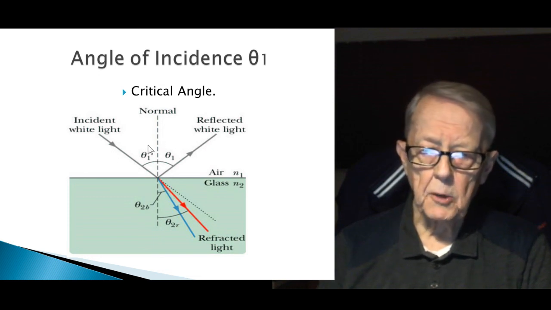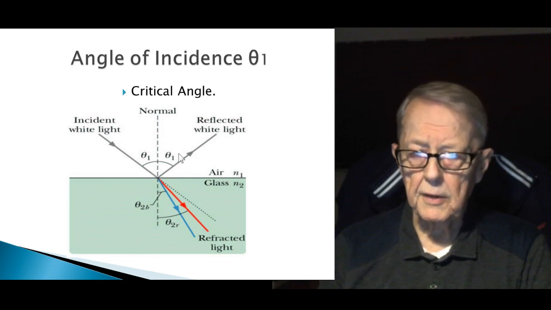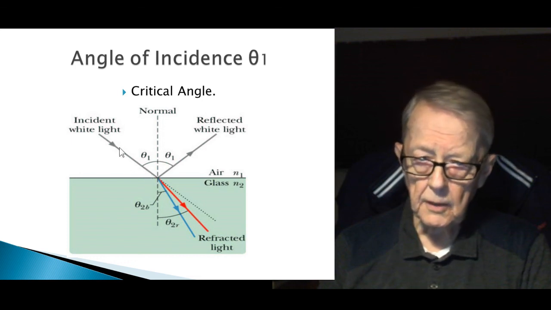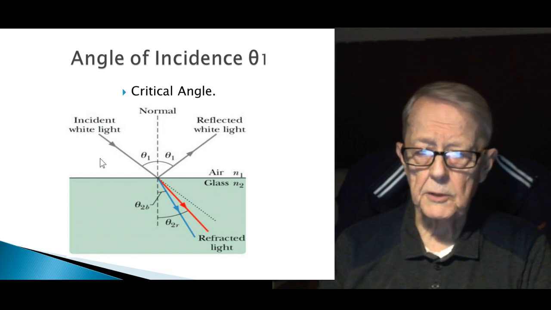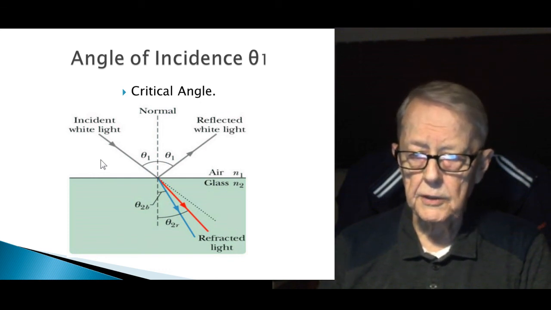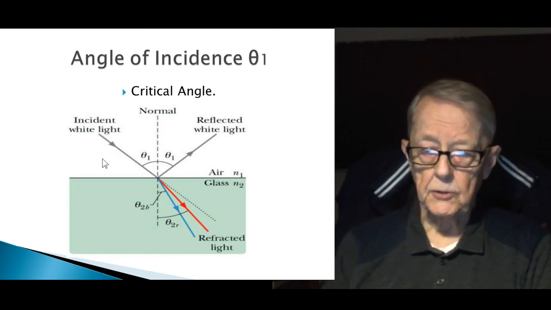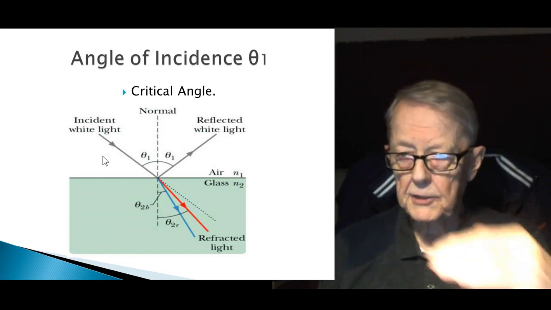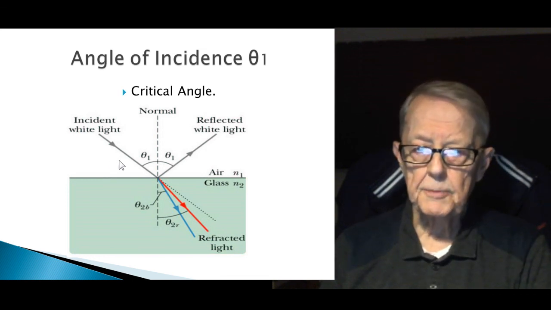If it's at some angle between the normal and the critical angle, it will reflect and it will refract. Beyond the critical angle, and they don't talk about this much, there is only reflection. The light doesn't go through, it just bounces off and goes off into space because it can't bend fast enough to get into the open spaces of the glass.